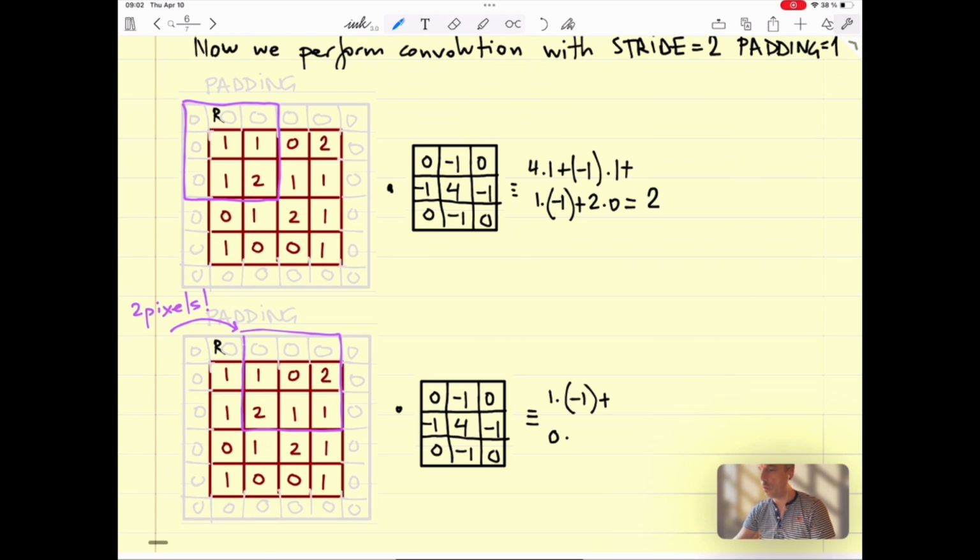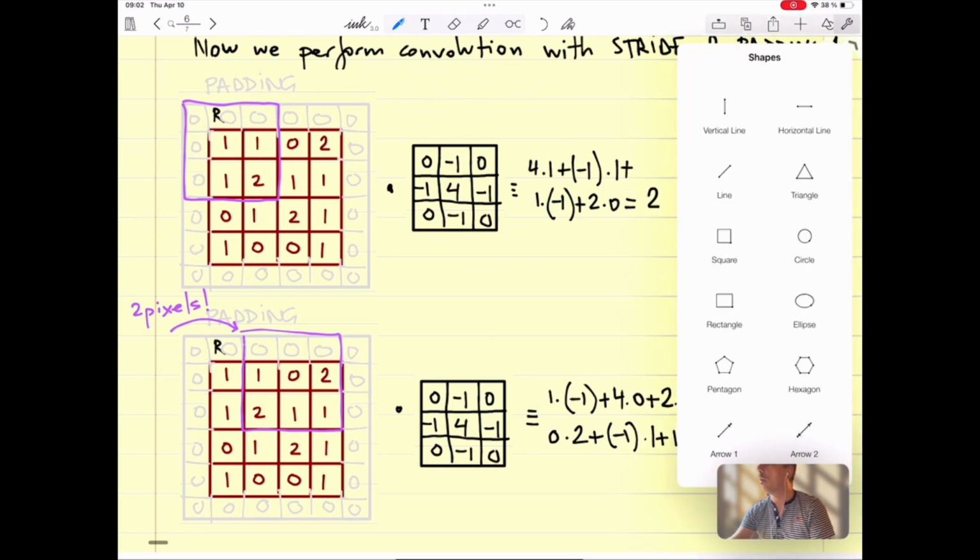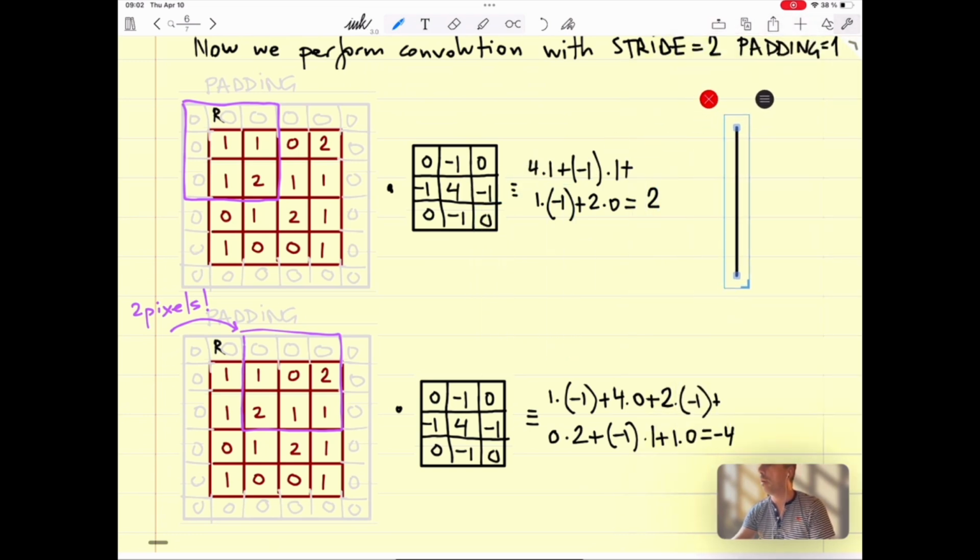So 4 times 0 plus 2 times minus 1. And then 0 times 2 plus minus 1 times 1 plus 1 times 0. So this is minus 3 minus 4, I guess. So we start copying for our result. We have 2 and then minus 4.